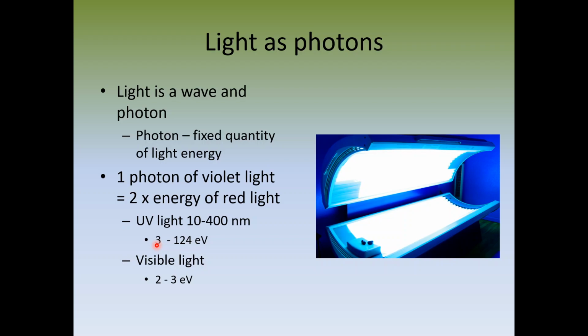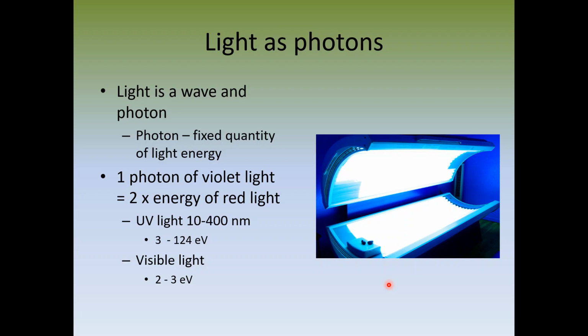The UVB is down here at the lower energy, and the higher energy is like UVA. So that's why most tanning beds are UVA. Or UVB, because it's technically safer.